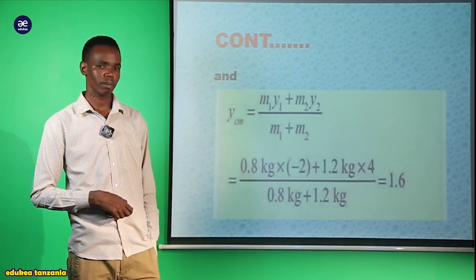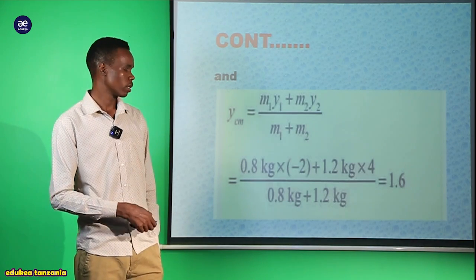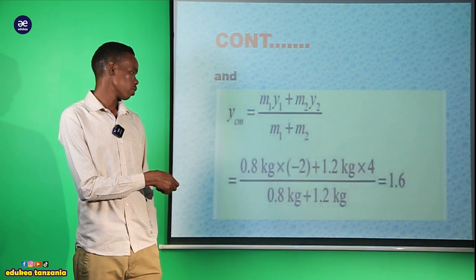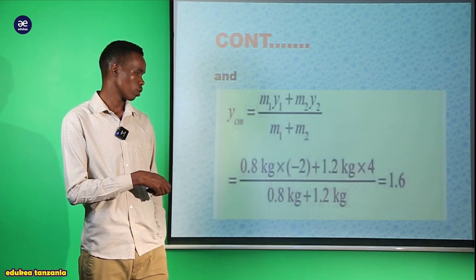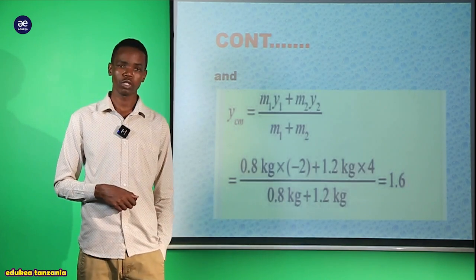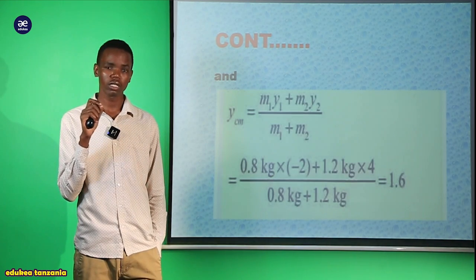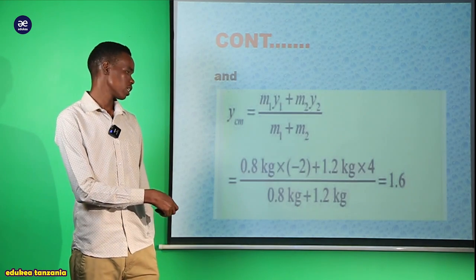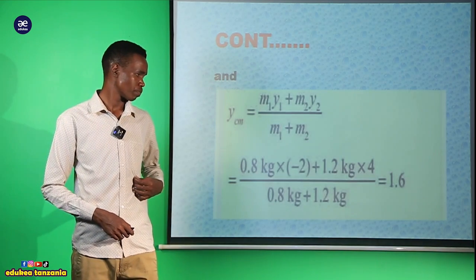Mass 1 is equal to 0.8 kg, multiplied by y1, which is equal to -2, added to mass 2, which is equal to 1.2 kg, times y2, which is equal to 4, divided by 0.8 kg plus 1.2 kg.